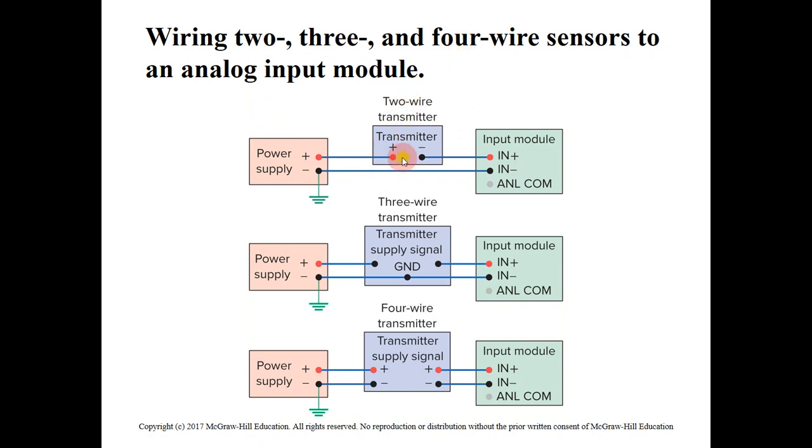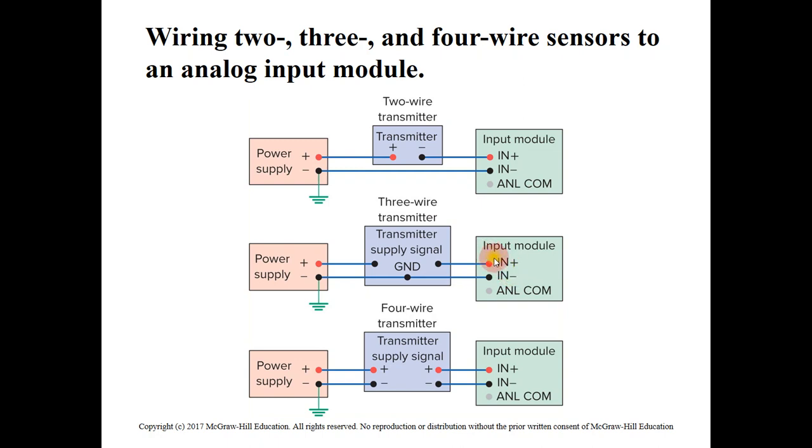So here we can see this is with two wires: here is the transmitter, the power supply, and here the input module. Then with three wires, we have one wire, two wires, three wires, that is the power supply, the input positive, and the input negative. Since it is analog, we have to connect to two terminals in the analog interface module.